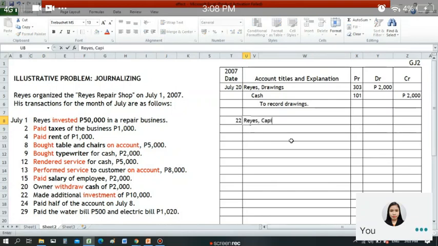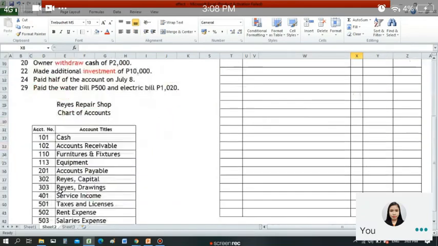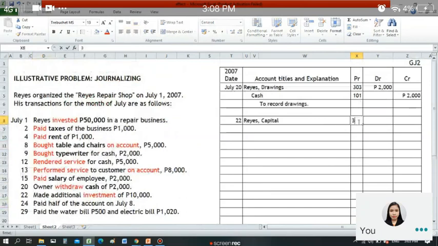So we have the Reyes capital, 302, and then credit, wrong. Reyes capital and what we invest, so cash, 101, amounting to 10,000. No more peso sign because this is already the second entry. So to record investment. Okay.